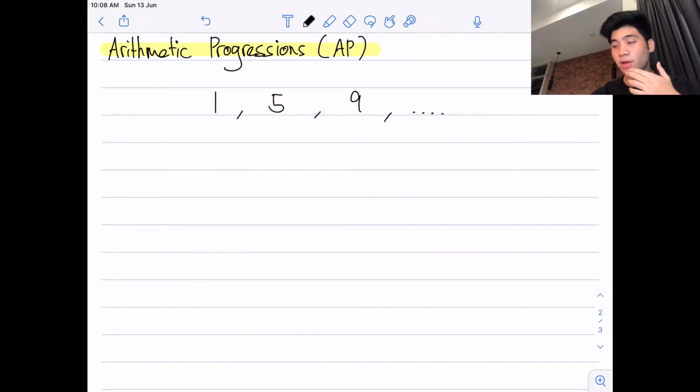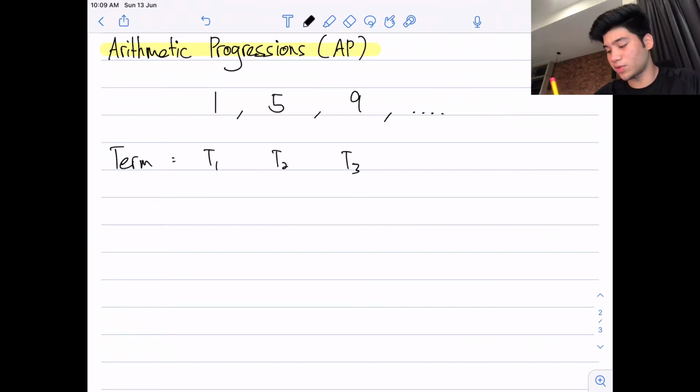Alright, so arithmetic progressions. Let's say you've been given this progression, 1, 5, 9, and then it keeps going on. We would usually call these numbers terms. So let's say, for example, I'm going to label this as a term. So 1 would be term 1, whereas 5 would be term 2, and 9 would be term 3, and it goes on, so on and so forth.